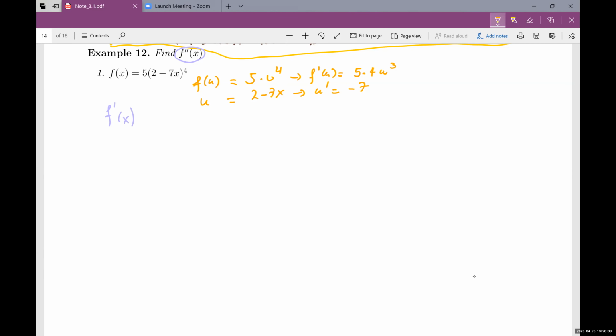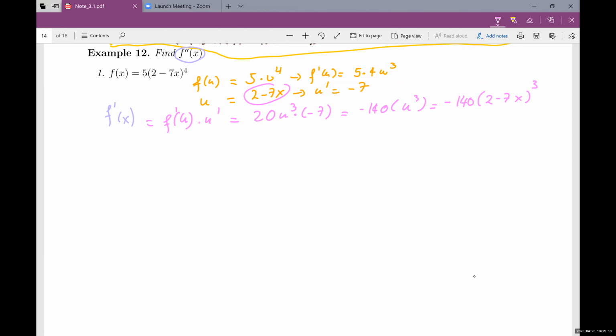So then the derivative is f prime of u times u prime, which is 20 u cubed multiplied by negative 7, which is negative 140 u cubed. And u is 2 minus 7x, so it is negative 140 times (2 minus 7x) cubed. All right, so this is the first derivative of f of x.